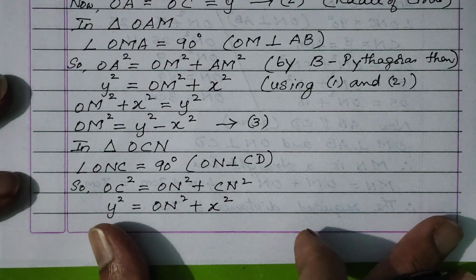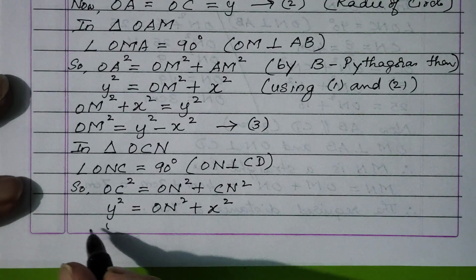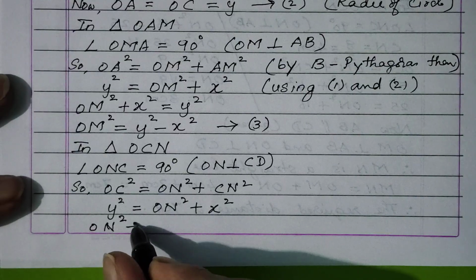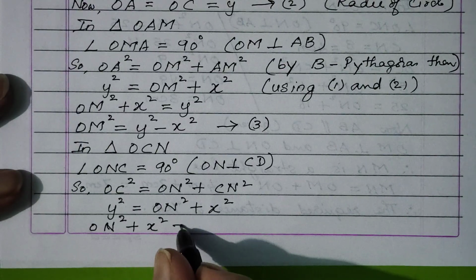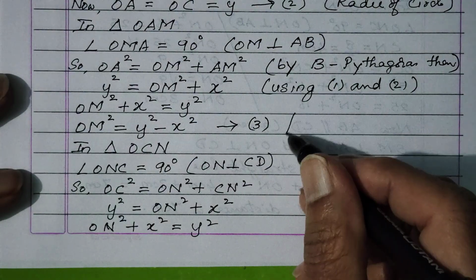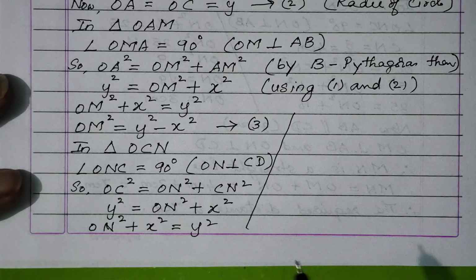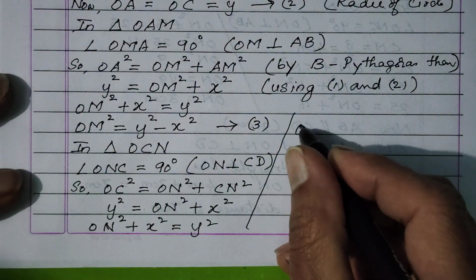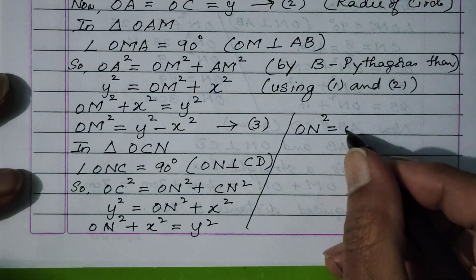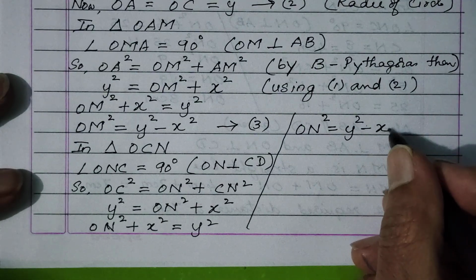Now I will write the equation as ON square plus X square equal to Y square. So here transpose X square to the right side, ON square will be equal to Y square minus X square.